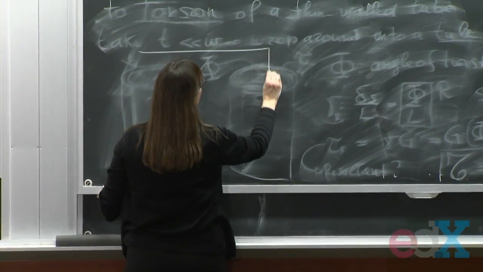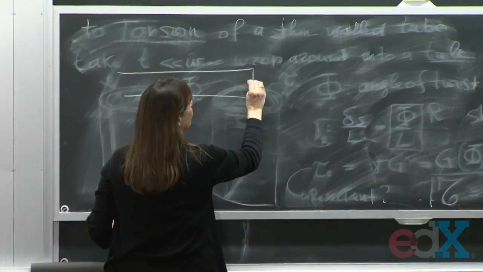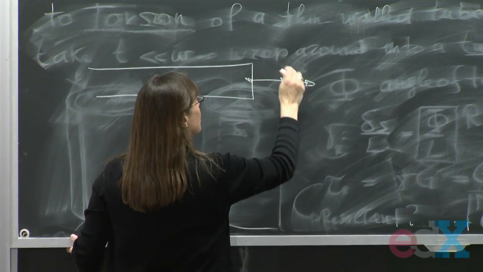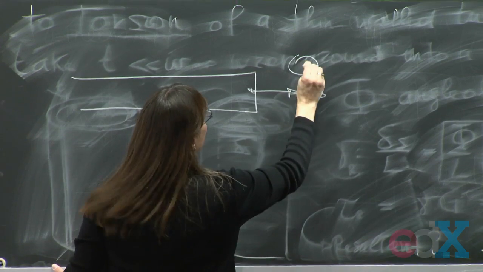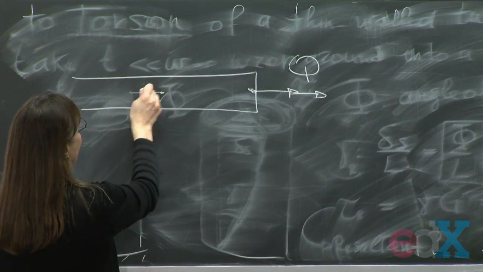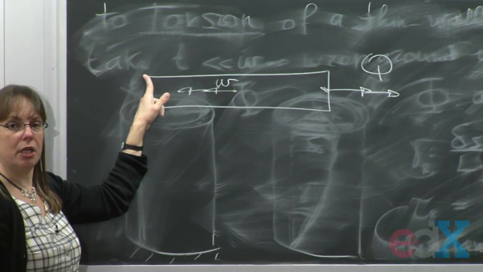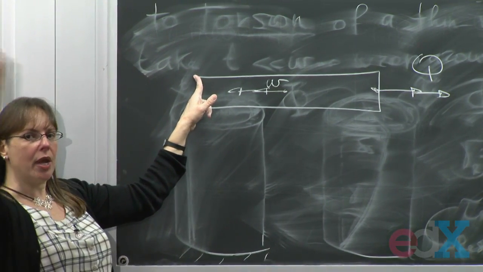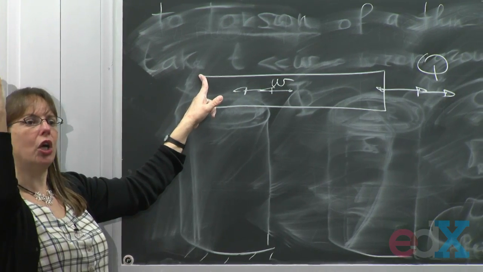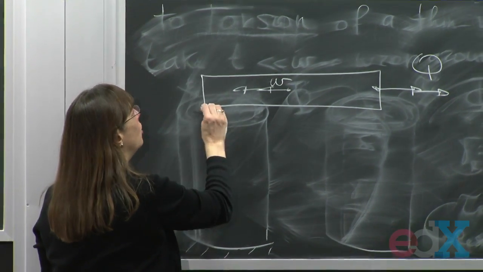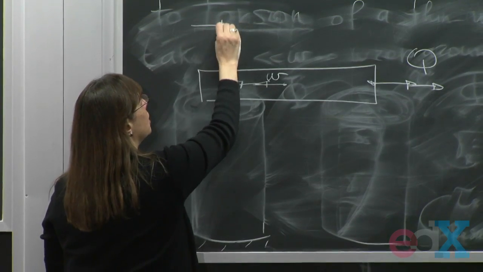So if this is your bar, and you have a torque Q here, and you have a torque W here, how do you find what happens at the support? Take away the wall, and you substitute the wall with the reaction at the support.